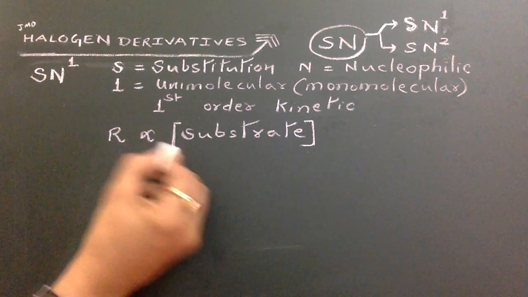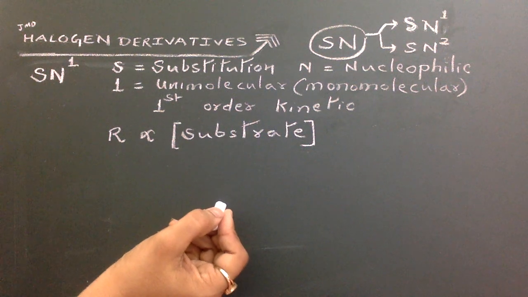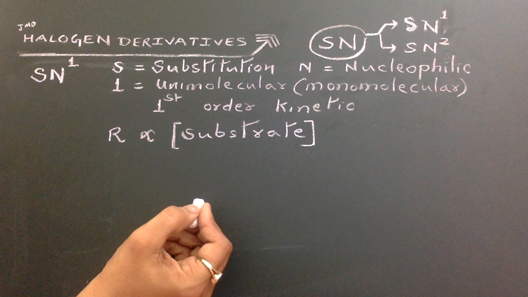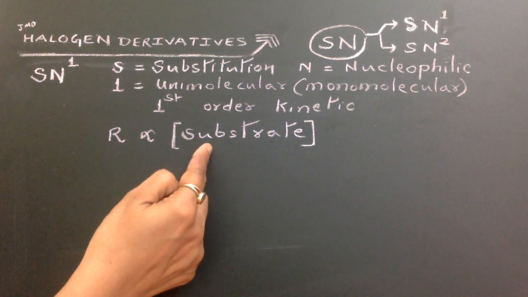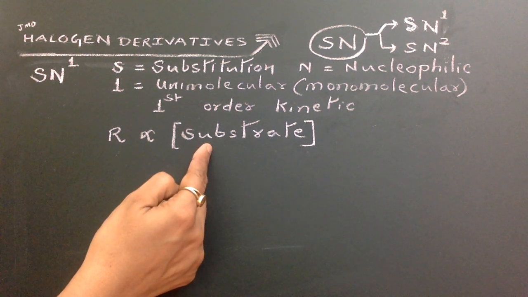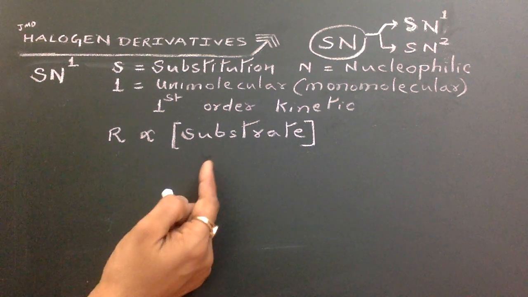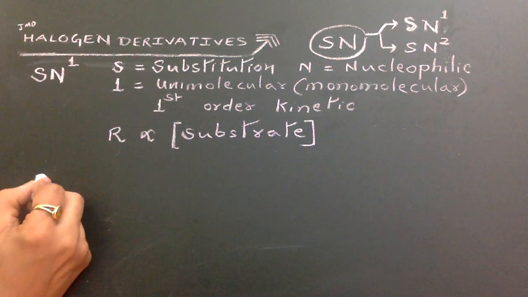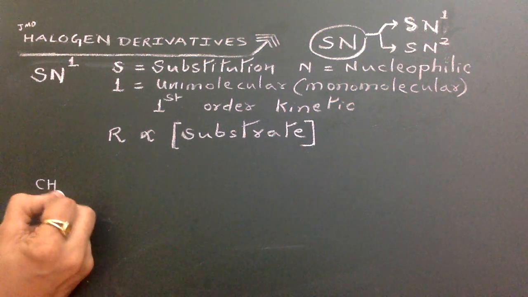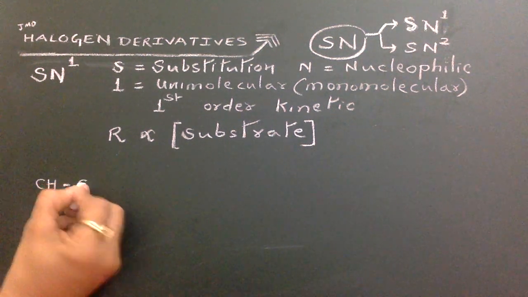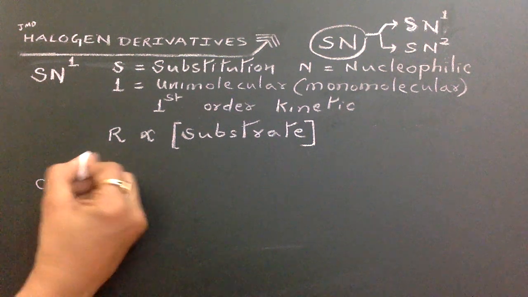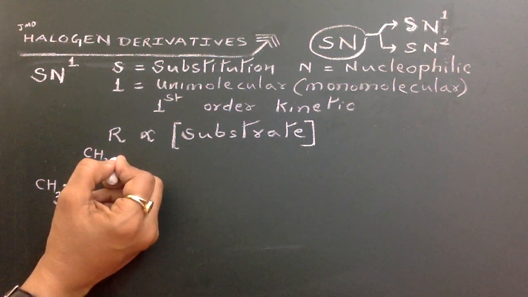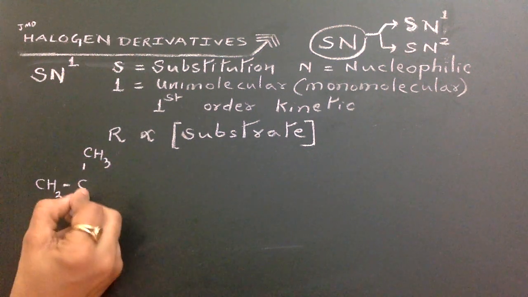So SN1 means the rate of this reaction will depend only on the substrate. Now, what kind of alkyl halide should be there so that the rate depends only on the substrate? Basically, here the alkyl halide will be tertiary. We'll also see why, but first we'll just collect all the information.